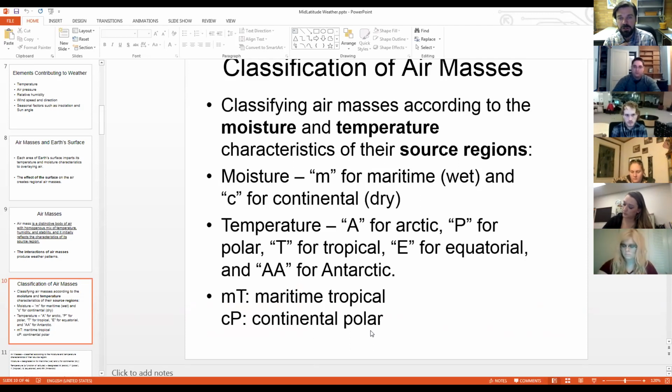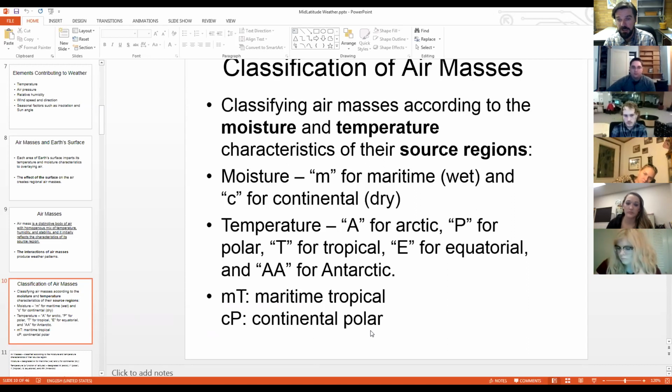So moisture, for example, M is maritime, not moist, but maritime meaning ocean, and that's wet. And then C is for continental, and that is the dry as far as the moisture.